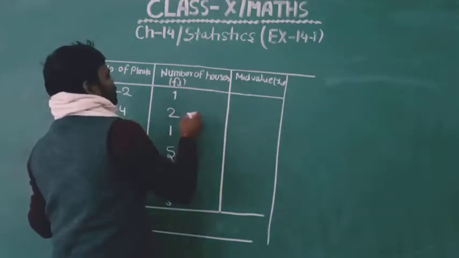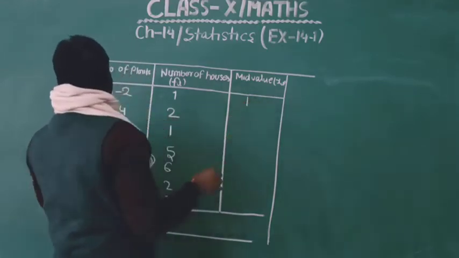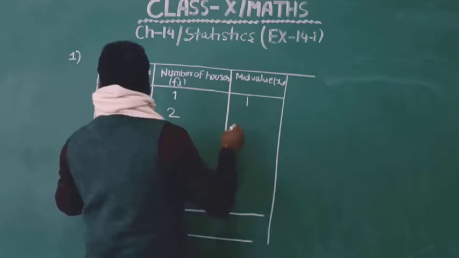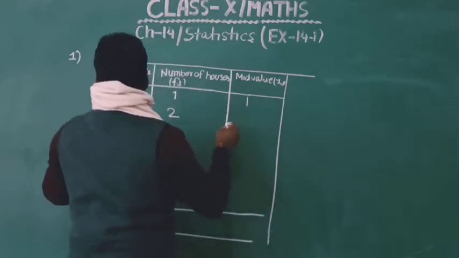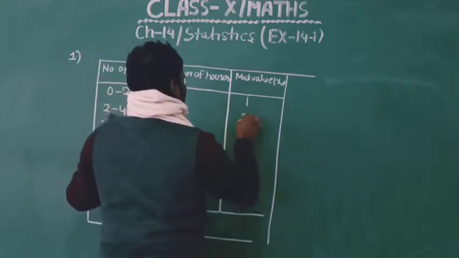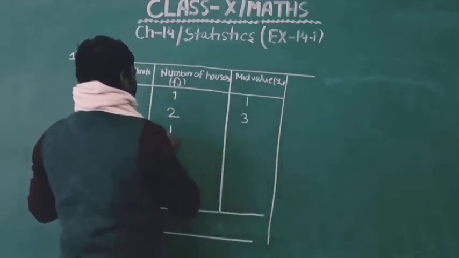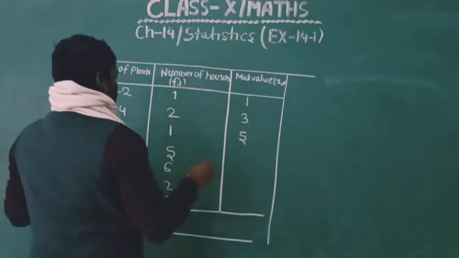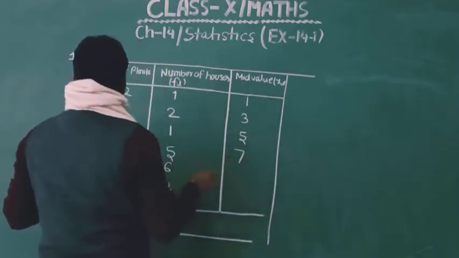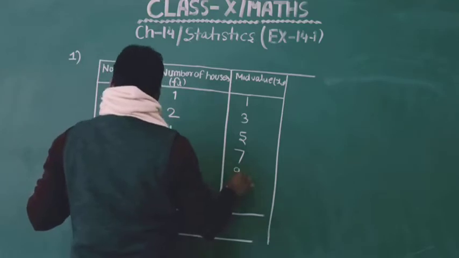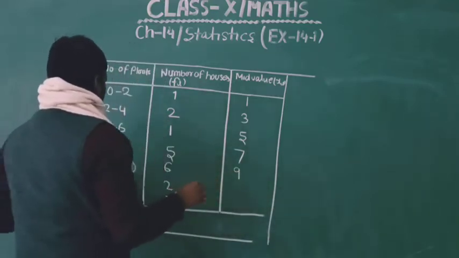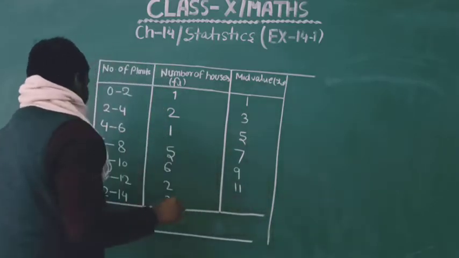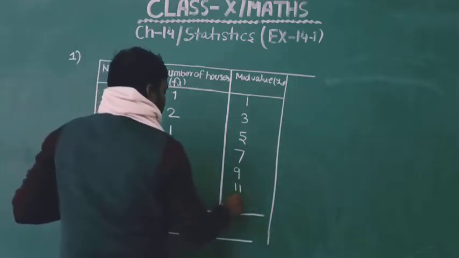So 0 plus 2 divided by 2 is 1. Next, 2 plus 4 is 6, divided by 2 is 3. Next 5, 7, 9, 11, and 13.